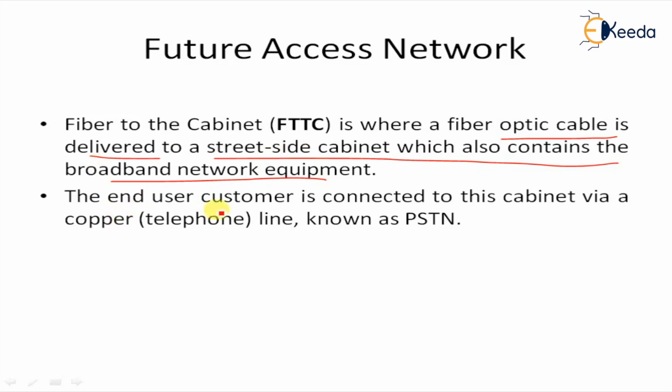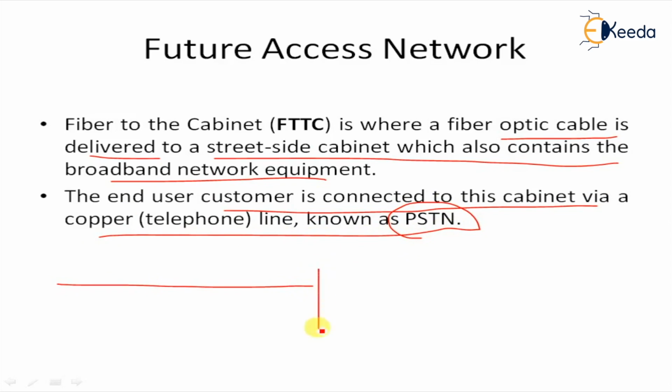The end user customer is connected to this cabinet via a copper line known as PSTN, the public switched telephone network. Suppose this is provided to our society area, up to the street side.